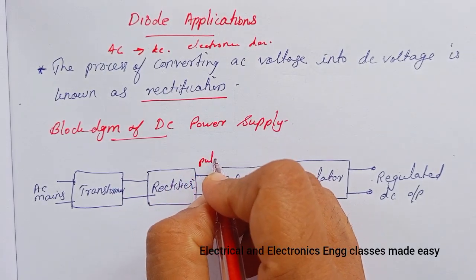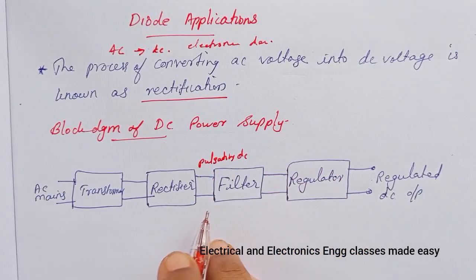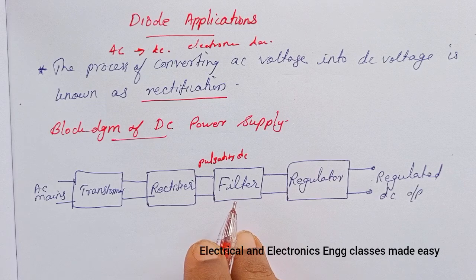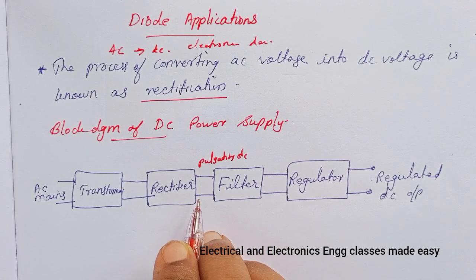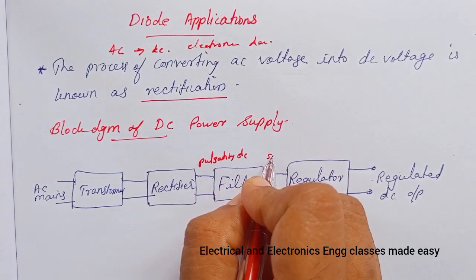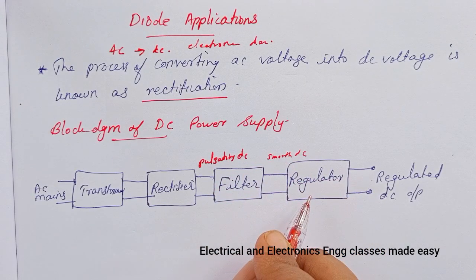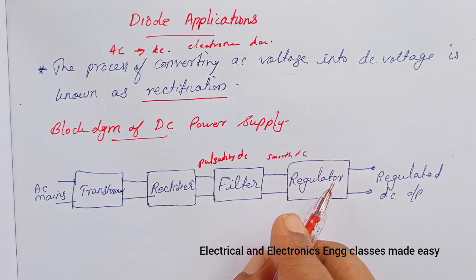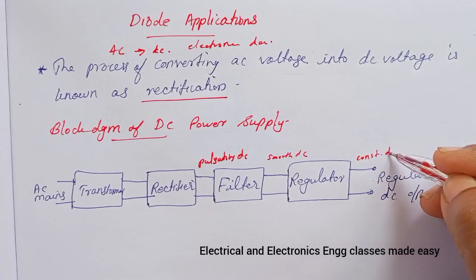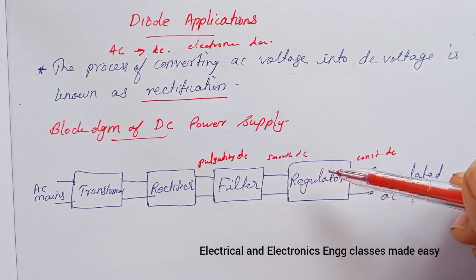This is passed through a filter, and the filter eliminates the fluctuations in the rectified voltage and produces a relatively smooth DC voltage. The regulator is a circuit that maintains a constant DC voltage. So the output of the regulator is constant DC voltage for variations in the input line voltage or in the load.